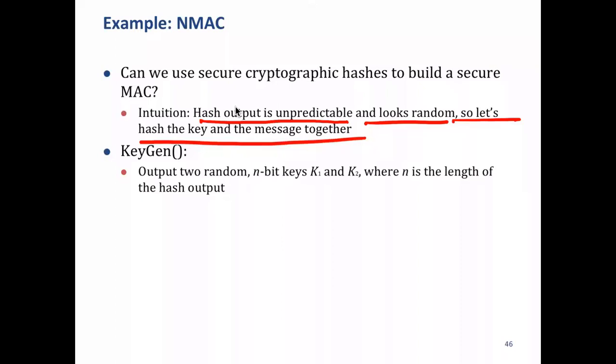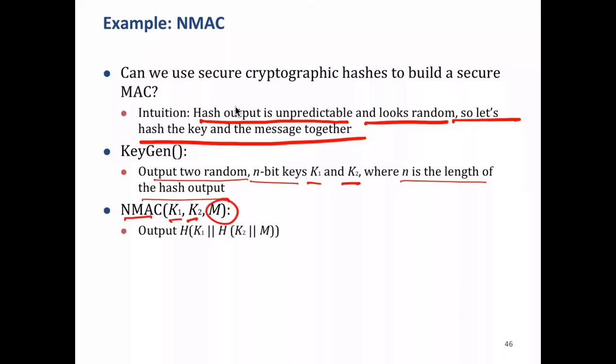What we are doing here is generating two random n-bit keys, k1 and k2, where n is the length of the hashed output. So we have the NMAC function with k1, k2 and the message m on which we want to compute the MAC. The output is the hash of k1 concatenated with the output of the hash of k2 and m.